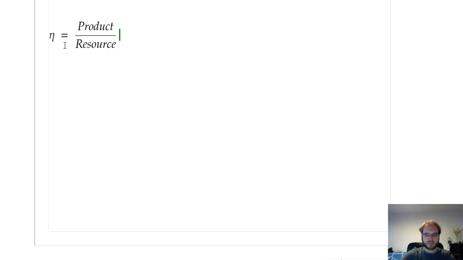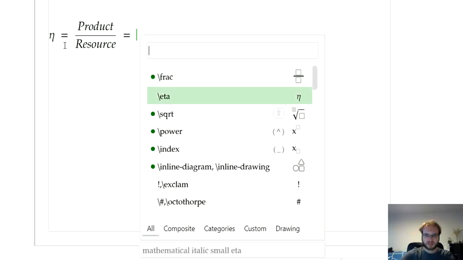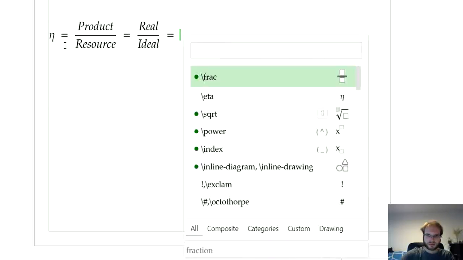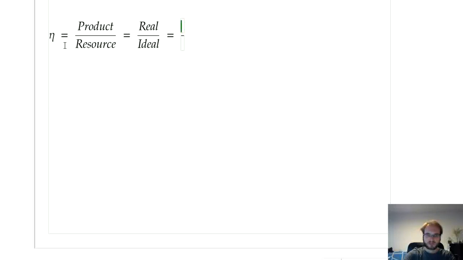Now, why is it divided by the efficiency? The efficiency is a ratio of, let's say, product over resource, or it can be also seen as some real work compared to ideal work, or for example, output to input.